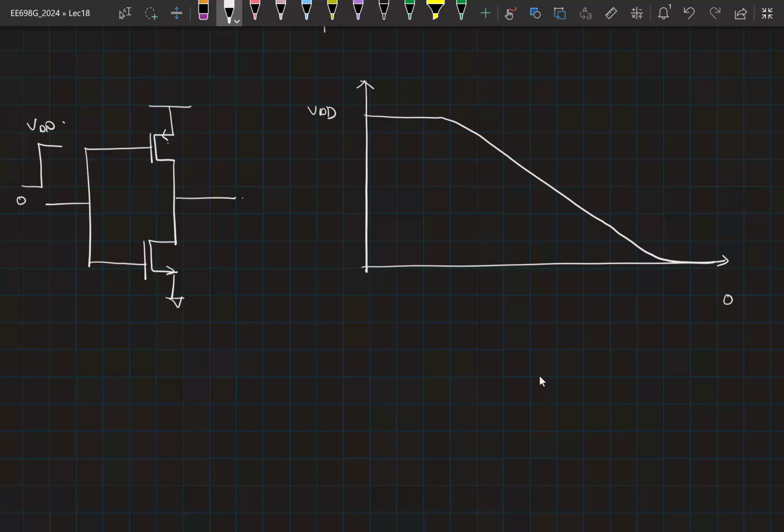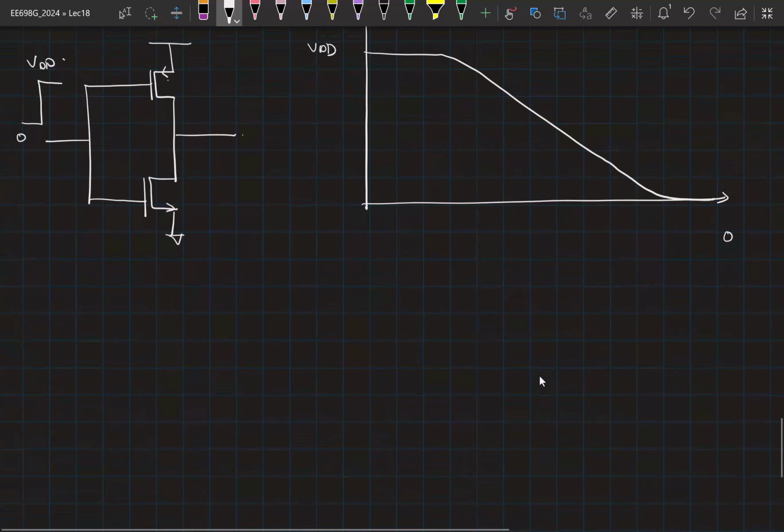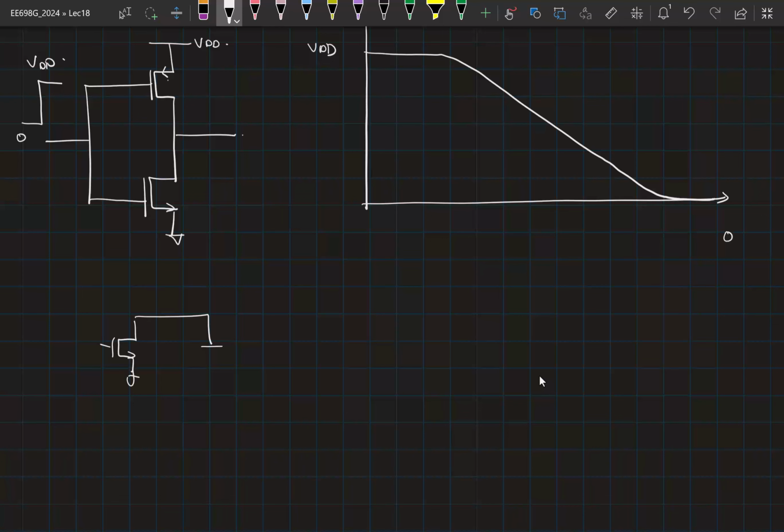Now, in the presence of thermal noise, what do you think is happening? VDD is a constant. Right now we are assuming thermal noise in the transistor. Current is going to change. So, if you are looking at a discharging path, we are discharging the capacitor using an NMOS transistor.